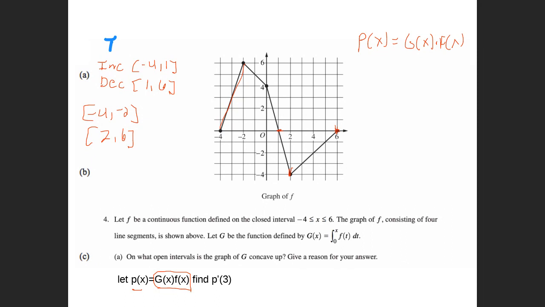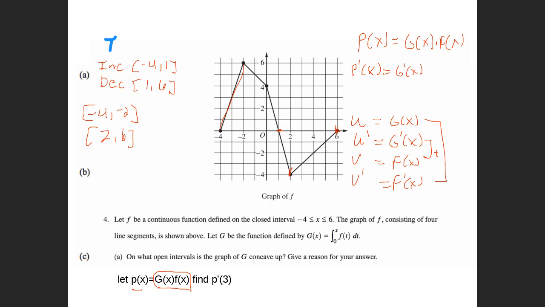Well, how do you take the derivative? u prime, v prime. u is equal to g of x. u prime is equal to g prime of x. v is just f of x, and then the derivative of that. Inside plus outside.